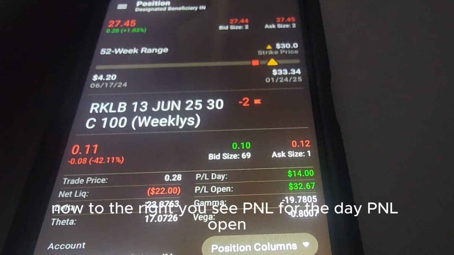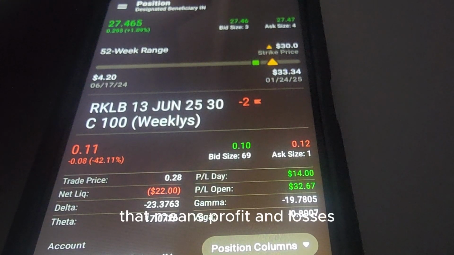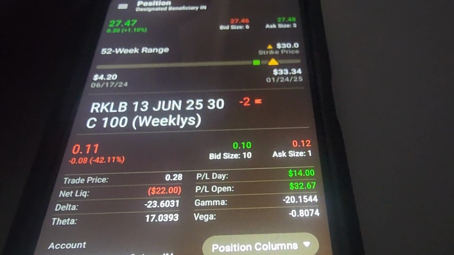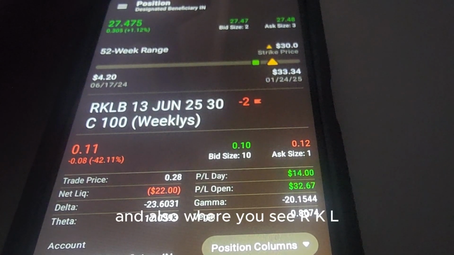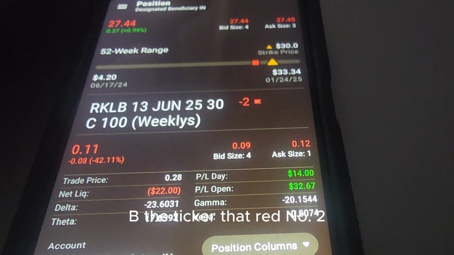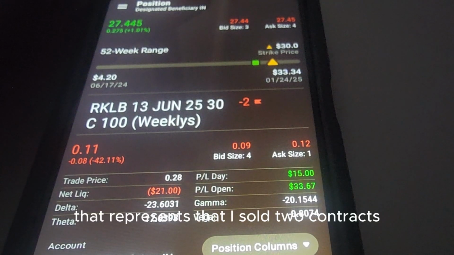Now to the right, you see P&L for the day, P&L open. That means profit and losses. And also where you see RKLB, the ticker, that red number 2 represents that I sold 2 contracts.